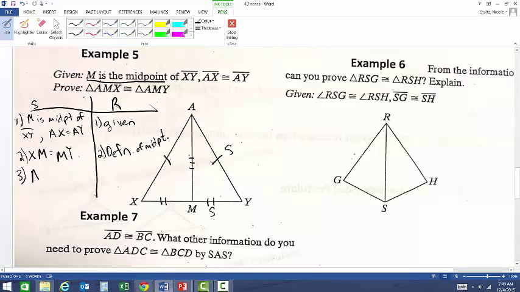So we're going to write AM equals AM, and we call that the reflexive property. Do you remember that? Reflexive means something equals itself. Now I'm looking at my triangles, and that's awesome. I now have 3 side markings, so I can now use SSS.